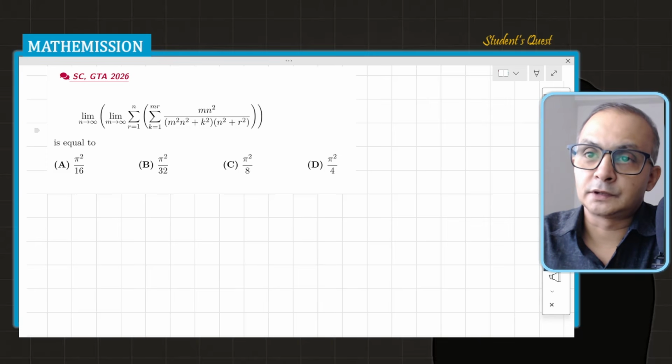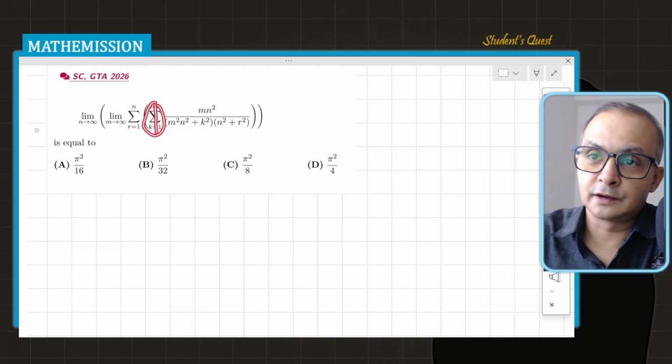And for that sum, because k goes up to mr, I can assume that m is approaching towards infinity. So here r is constant and n is constant, m is not constant.